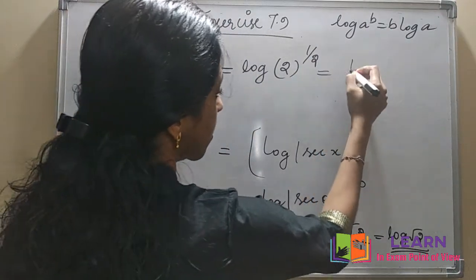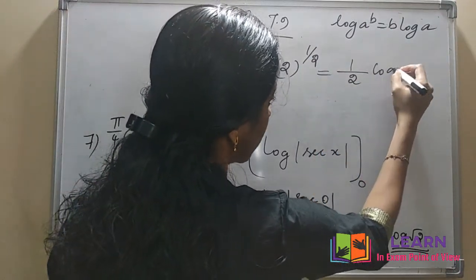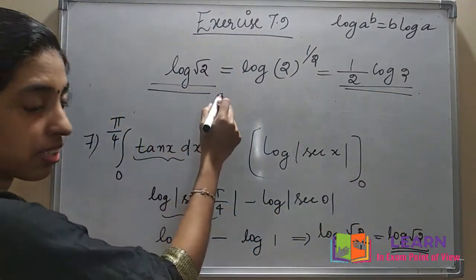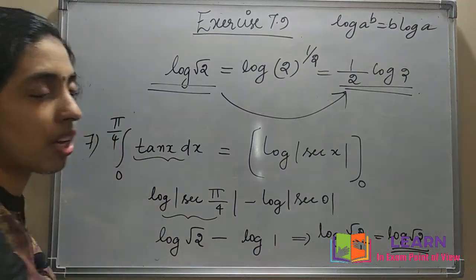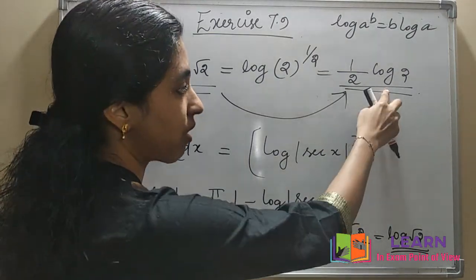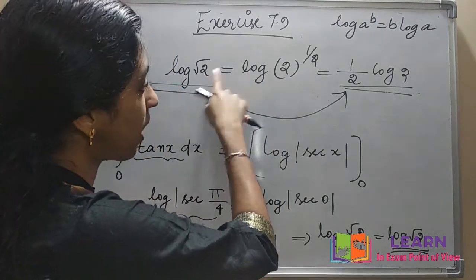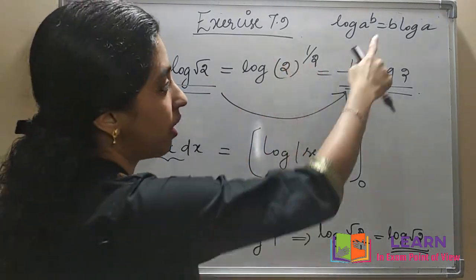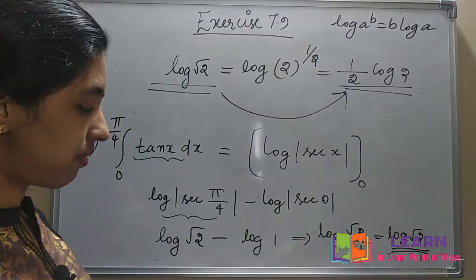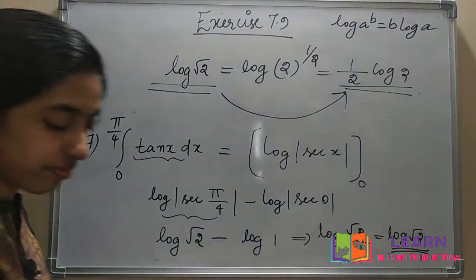So this is half log 2. This is also correct, a further simplification you can do like this. Sometimes they will ask to prove to a value. If it is given like this, root 2 can be written as 2 raised to half, then apply this formula here. Clear? Then next, eighth question.